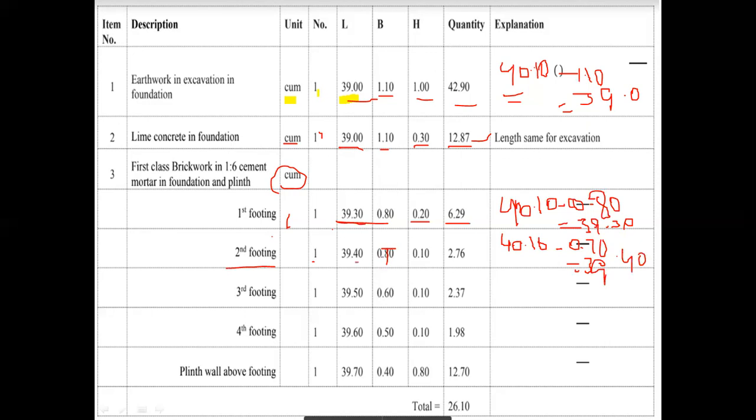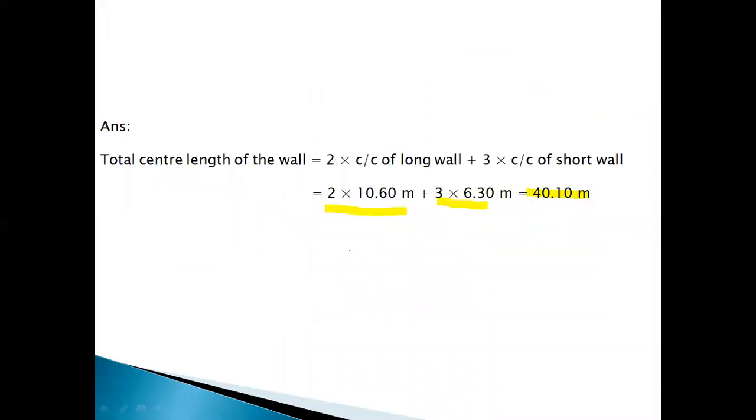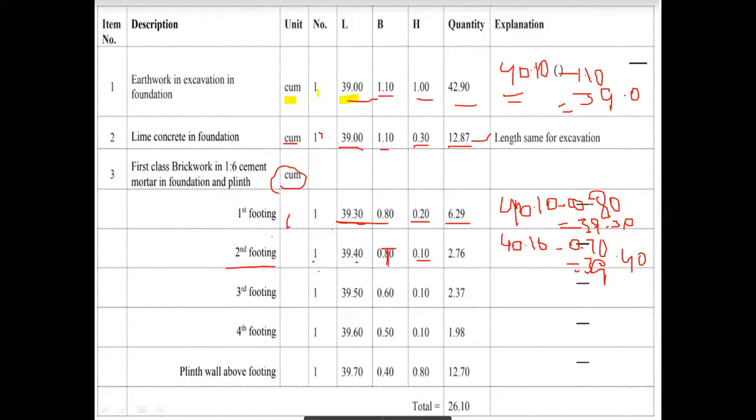Substitute breadth of the second footing 0.70 and height 0.10. Next, multiply L into B into H, 39.4 into 0.70 into 0.10, that equals 2.76.